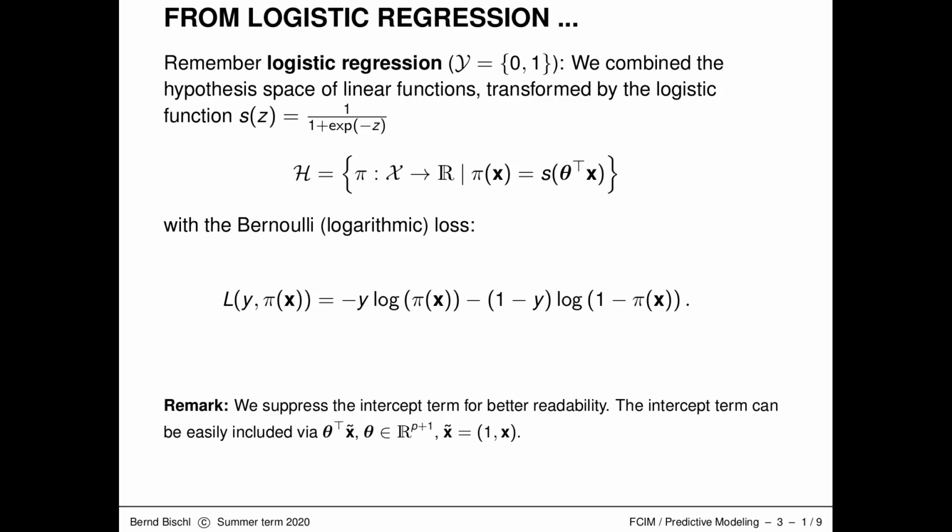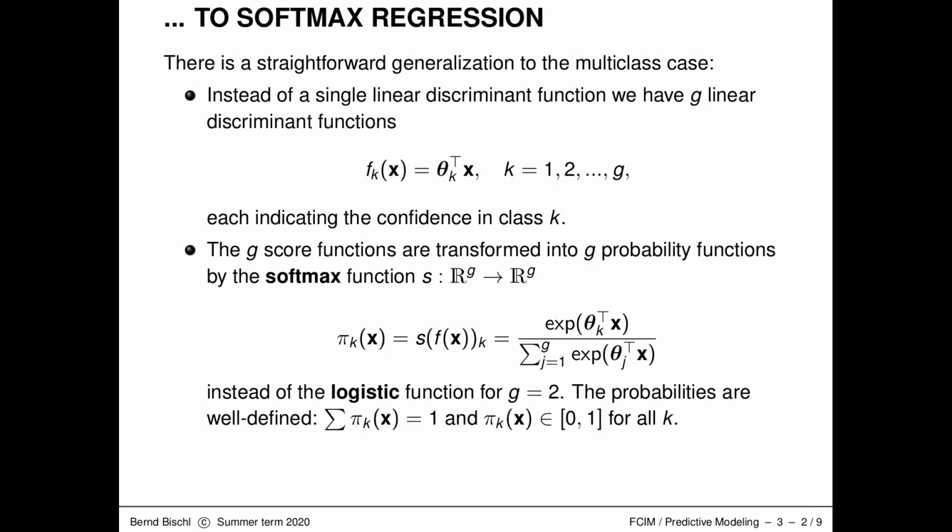For all of the notation in this slide set, I will again suppress this intercept term for better readability, as I've done a couple of times in previous lecture units. There's a straightforward generalization to the multiclass case.